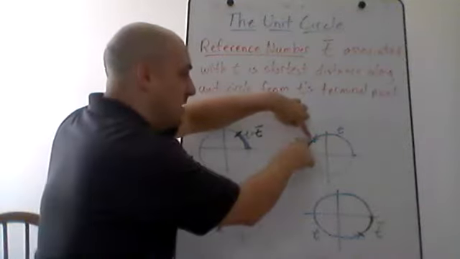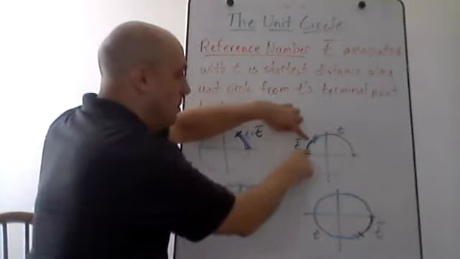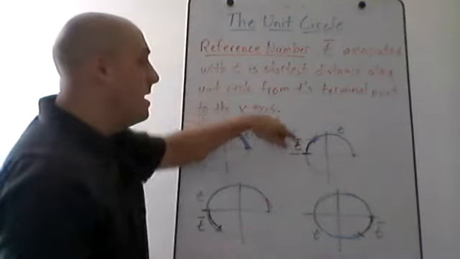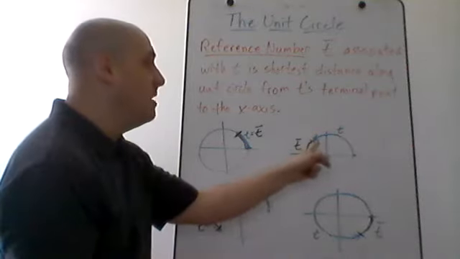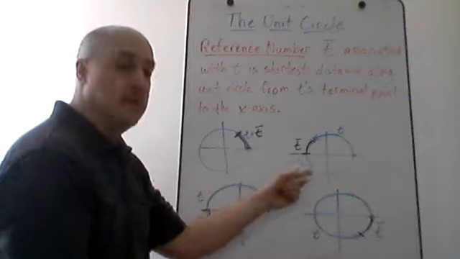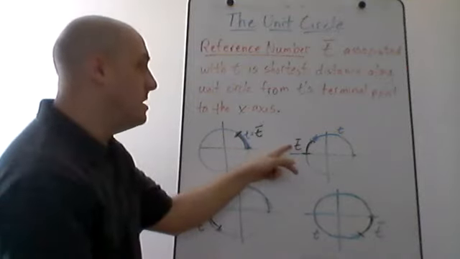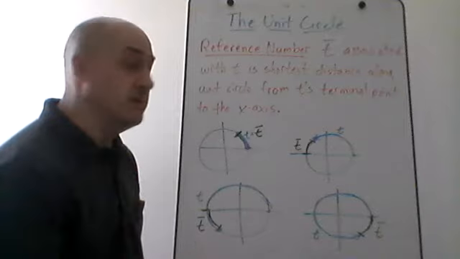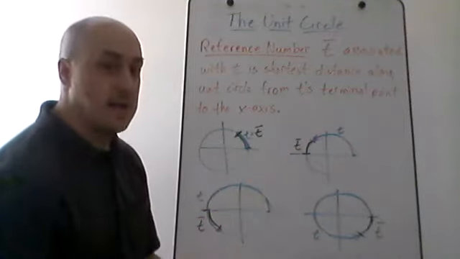If I just go from this point over here to the negative x-axis, that's going to be shorter than going all the way back around that way. So in the second quadrant, t bar takes us from the point where we stopped and continues on until we get to the negative x-axis. That's what t bar looks like in the second quadrant: from wherever that point ends, just continue on until you hit the x-axis again.